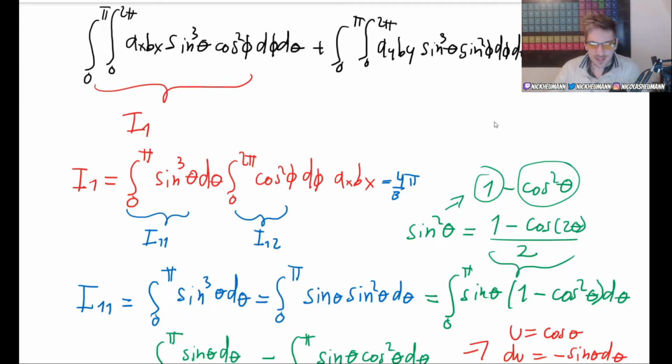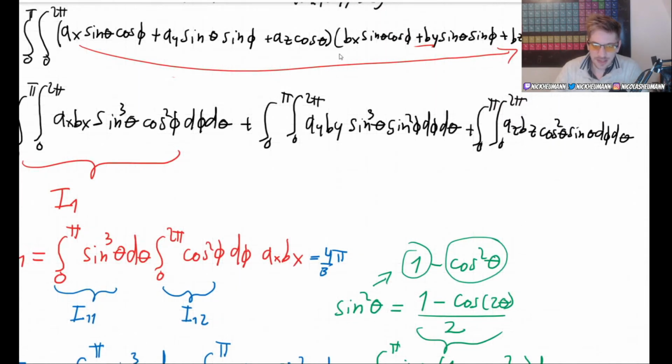What about the second integral that we have right here? Now, as you can see, this will have the sine cubed part, which is the same integral that we just did, and that was 4/3. Sorry, only 4/3, not a pi. And then we have the integral in phi, which has sine squared.